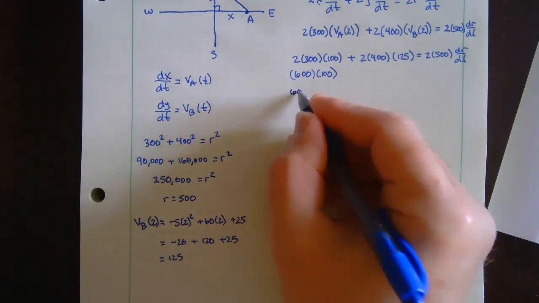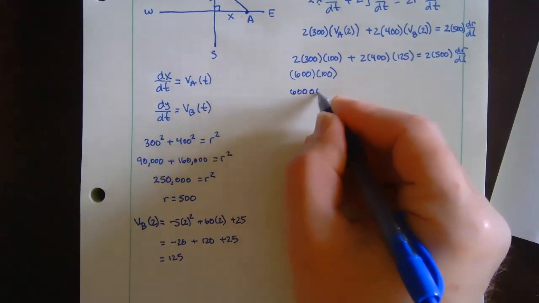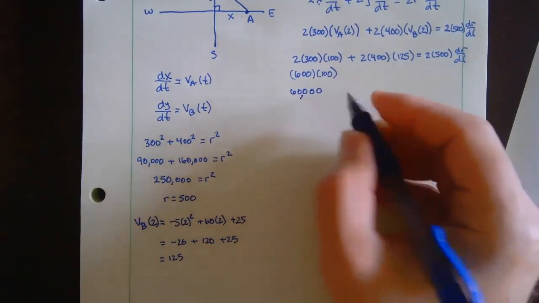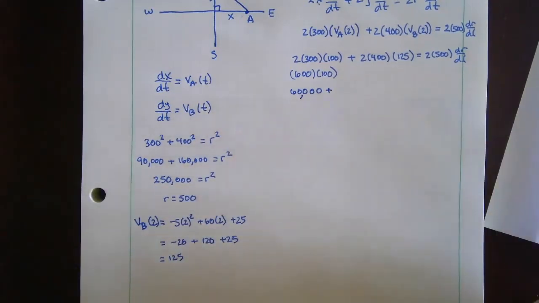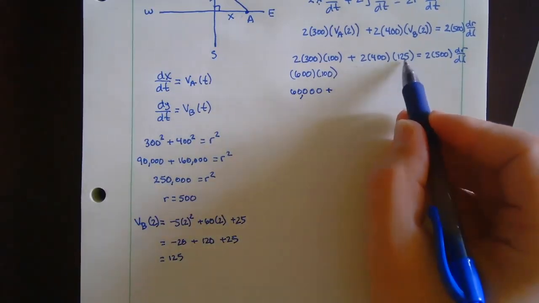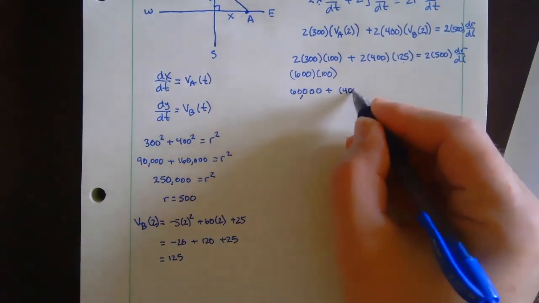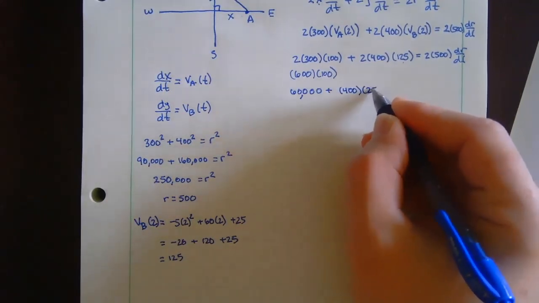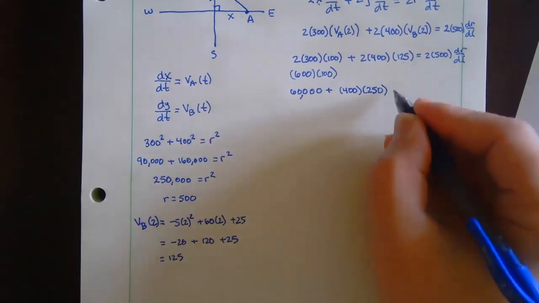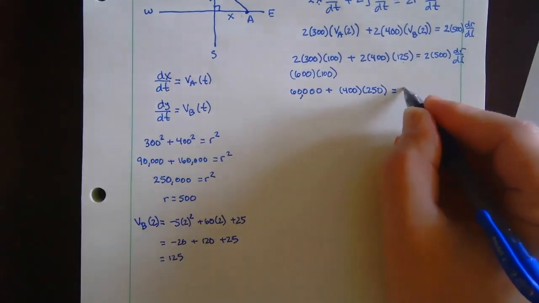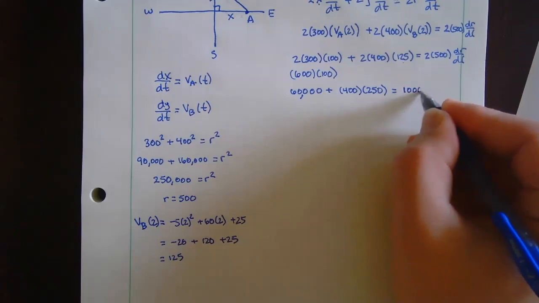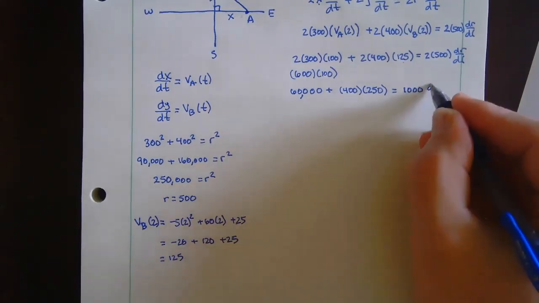So that'd be 600 and then followed by 2 zeros. So that'd be 60,000 plus this would be 250, right? 400 times 250. And you know what? I should be using a calculator, because you guys can use a calculator on this. And this would be 1,000 dr over dt.